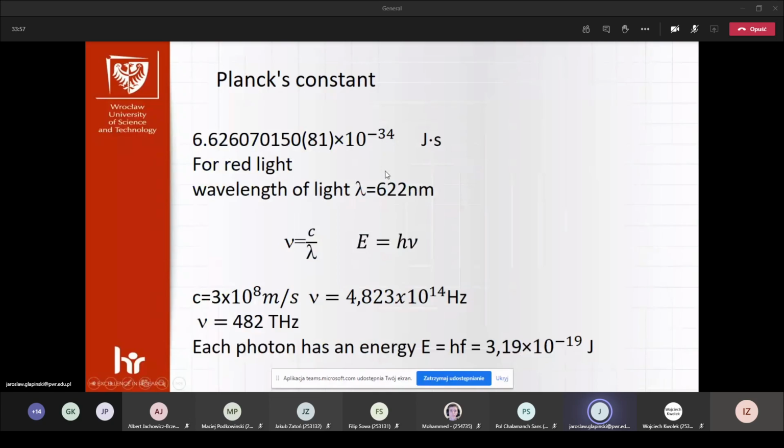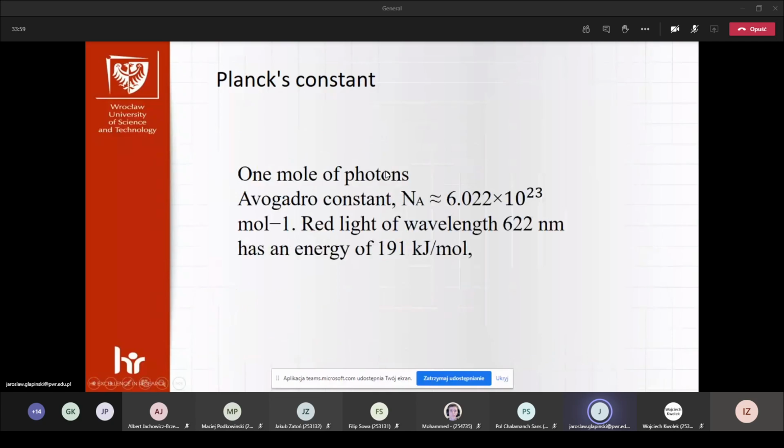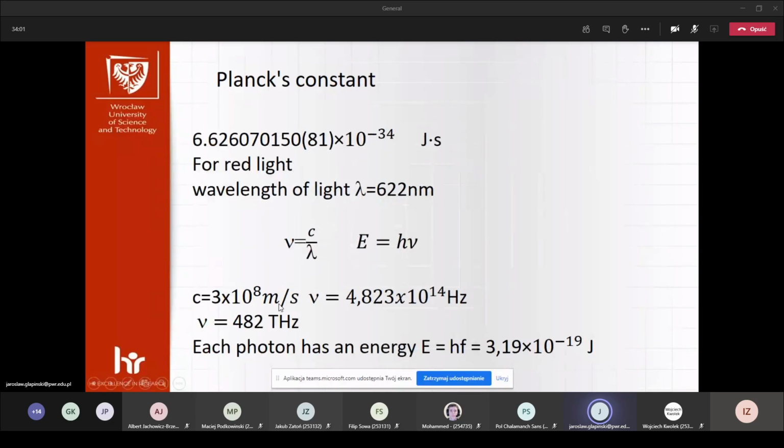Okay, now, having these constants, we can calculate the energy of radiation, or in the opposite way, having the energy, we can calculate the frequency.